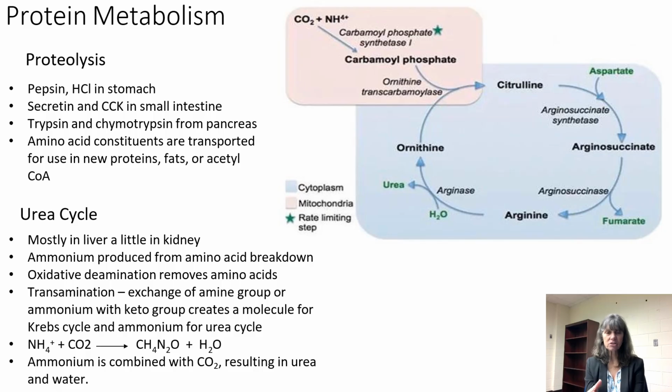And it also involves transamination, which is the exchange of either an amine group or an ammonium molecule with a keto group, creating a molecule for the Krebs cycle and ammonium for the urea cycle. So when we mix ammonium with carbon dioxide, that creates urea and water.